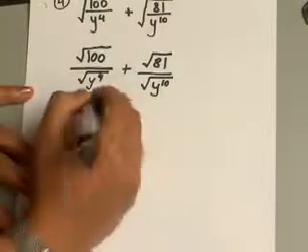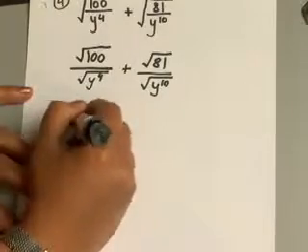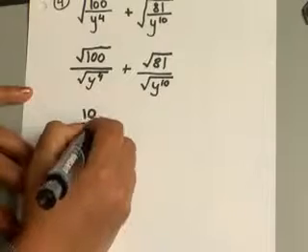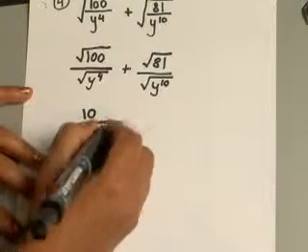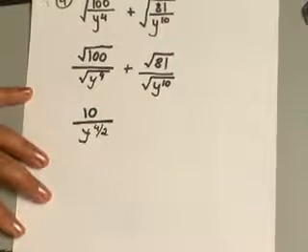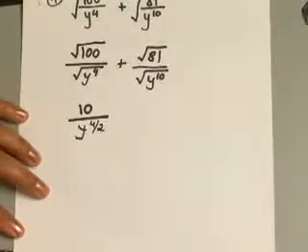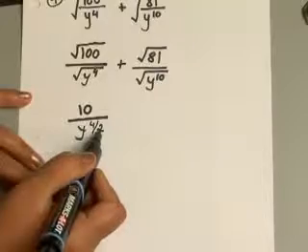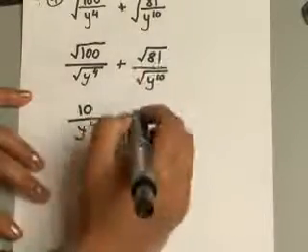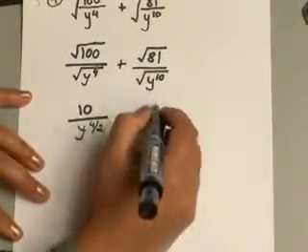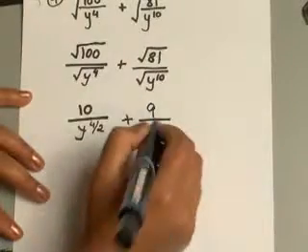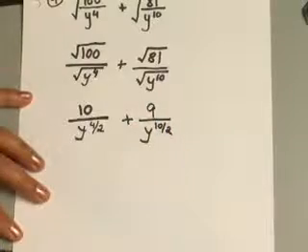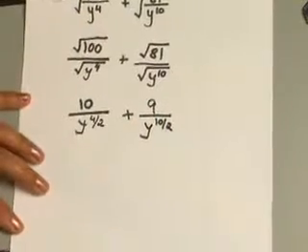Now square root of 100 we know is 10. For the denominator, go ahead and rewrite it in the rational exponent form, so you'll end up with y to the 4 over 2. Okay, again remember square roots, when you write them as rational exponents, have a denominator of 2. On the other side, square root of 81 is 9, and you will end up with y to the 10 over 2 for your rational exponent.